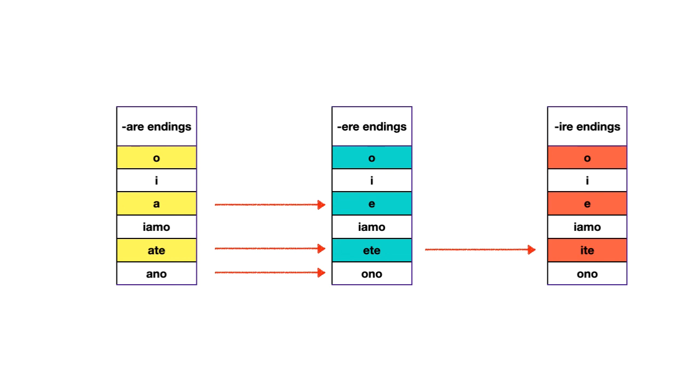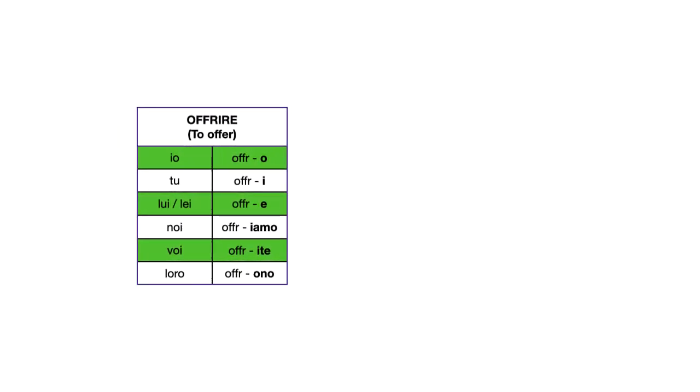So a couple examples of conjugated ire verbs that are not dormire. Offrire, to offer. Io offro, tu offri, lui offre, noi offriamo, voi offrite, loro offrono, right? I got rid of the last three letters and added the ire endings. Notice that it's offrite, not offrete, right?